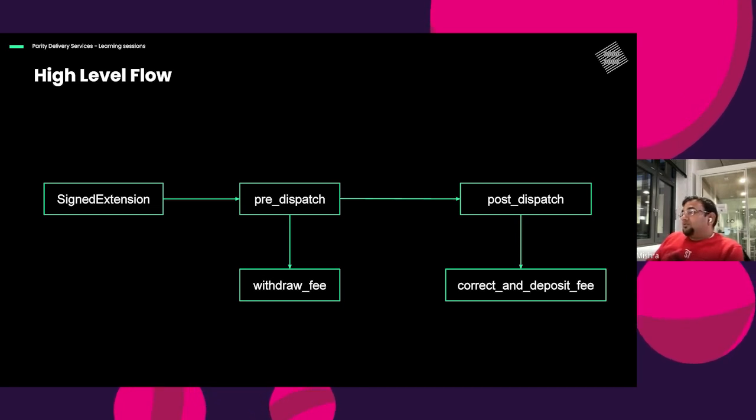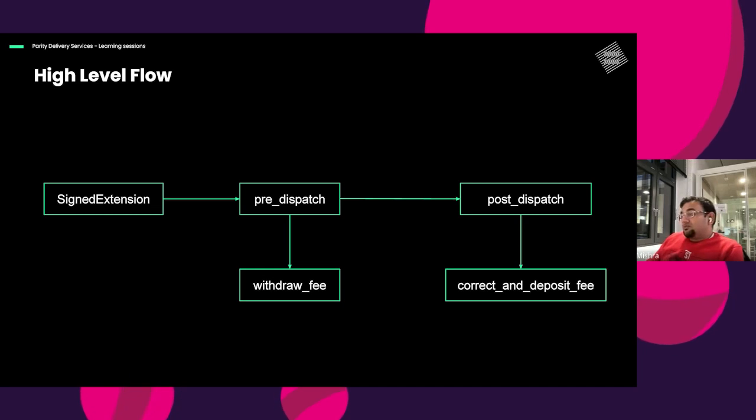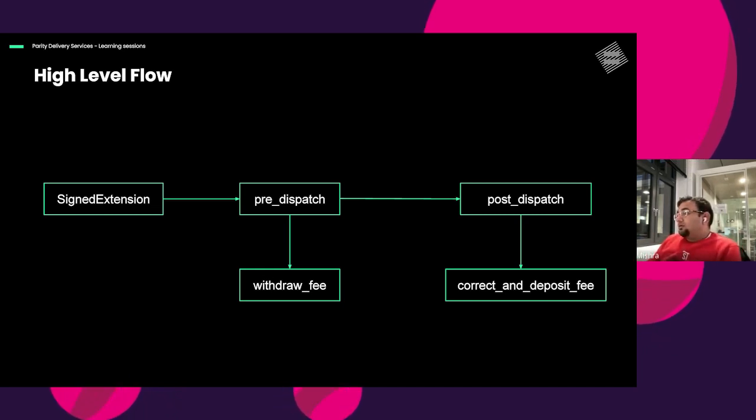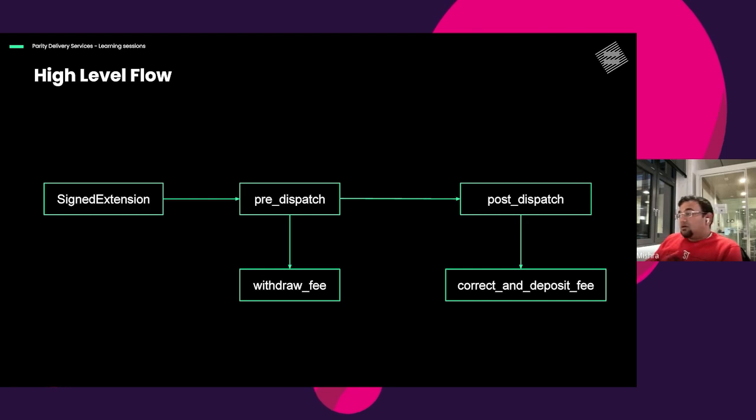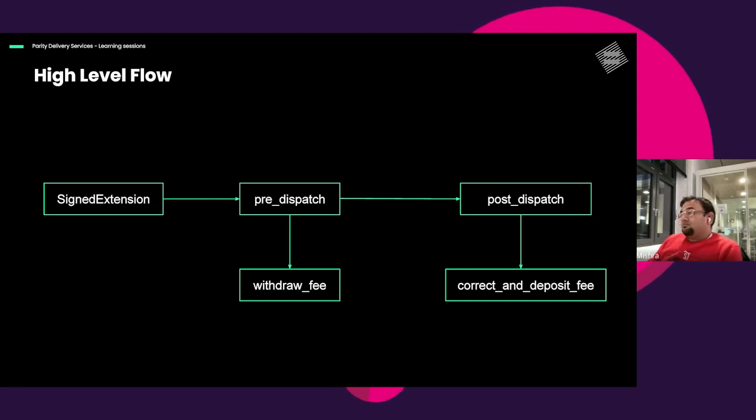The entry point of this function is the signed extension ChargeTransactionPayment, like we'll explain when we explain the code. These fees are then handed over to the OnUnbalanced handler, which is an injected trait function and can be configured by the runtime.